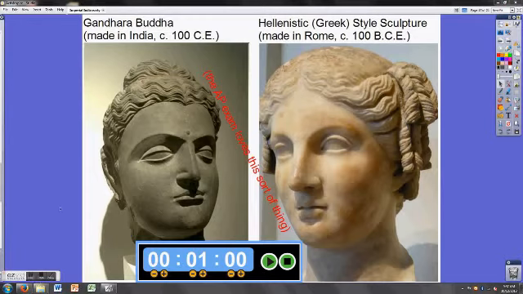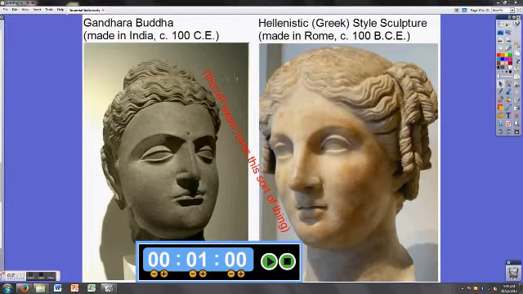Okay, so what are some of the things that you saw in terms of the style of the artwork? Did you guys notice the style of the carving for the hair here? Kind of similar, right? These two figures are wearing a different hairstyle, but the way in which the hair is actually carved into the stone looks kind of similar, right?